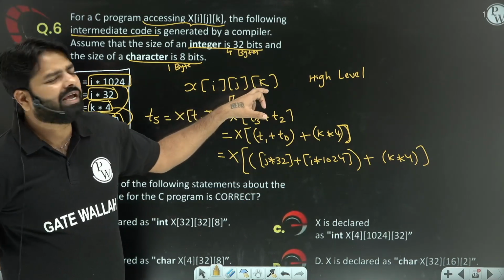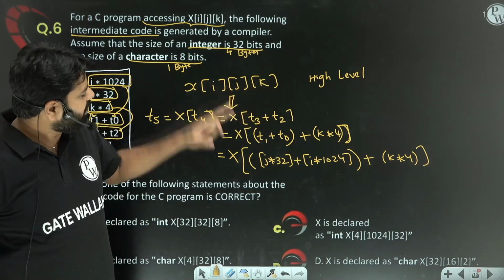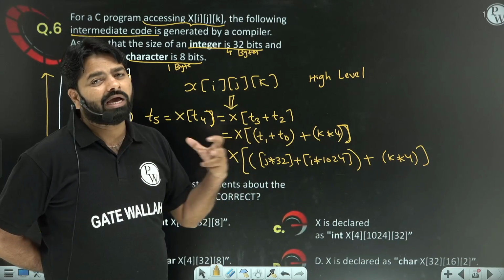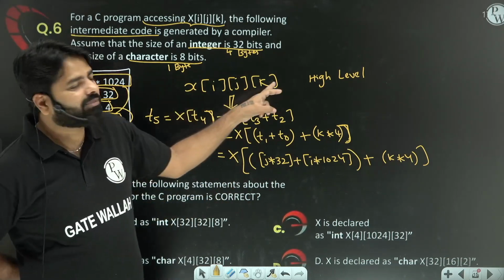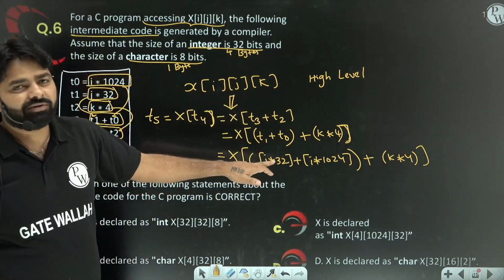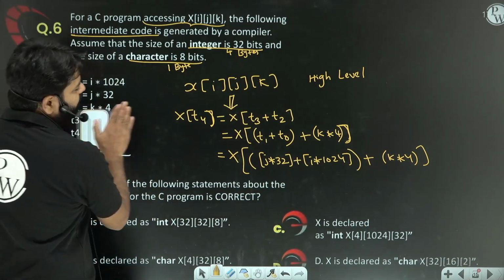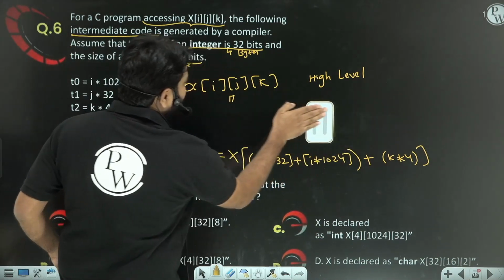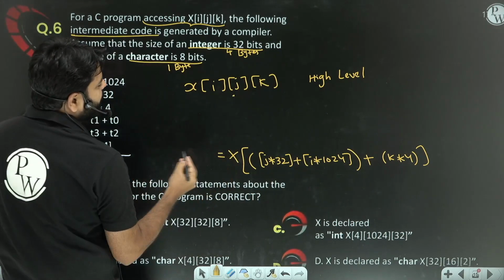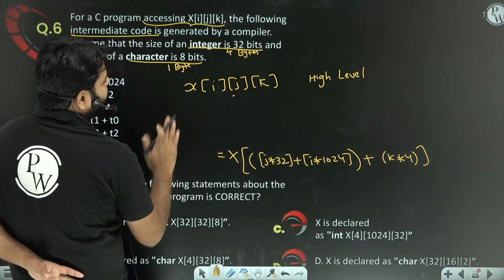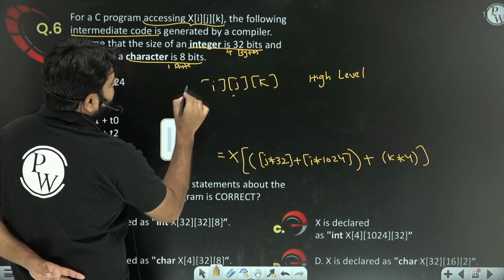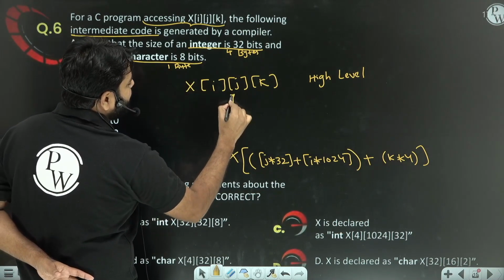This I J K looks like high level. It's high level. When you convert it, the addresses are considered to calculate. But anyhow, let me put it in the same sequence, I J K in the same sequence here. So now I'm just converting back. So everything I'm deleting here. Now I'll just write the statement first. This is the final statement, right? X. What is the equivalent statement?